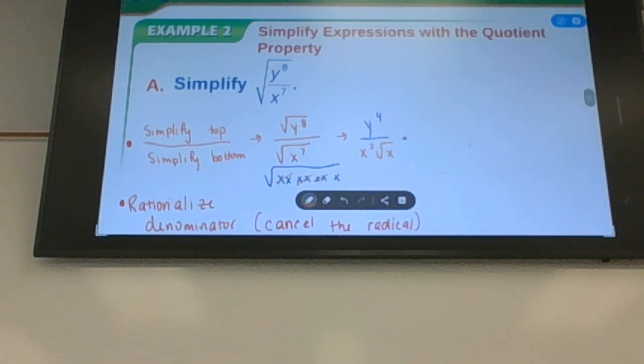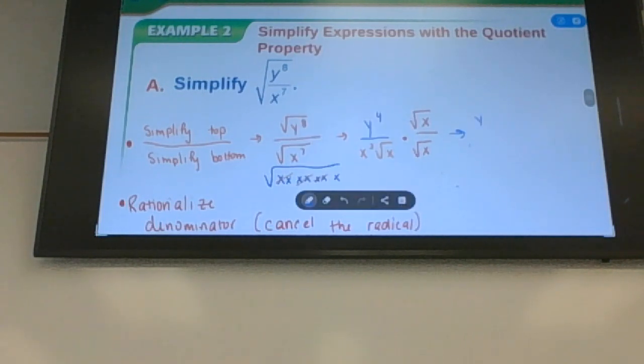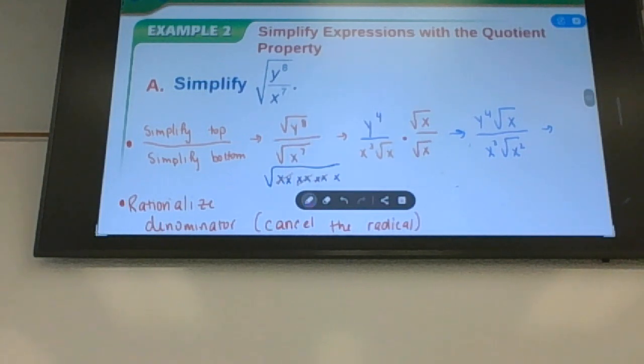So I'm going to multiply the top and bottom by the square root of x. So with fractions, as long as you do it to the top and bottom, you're still following the rules of fractions. And what we've created here is a radical that will cancel.